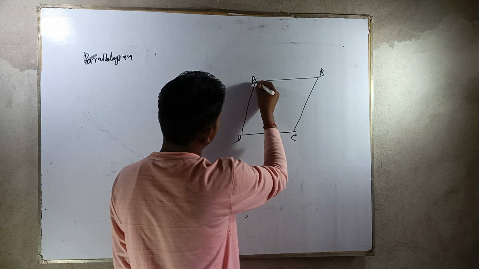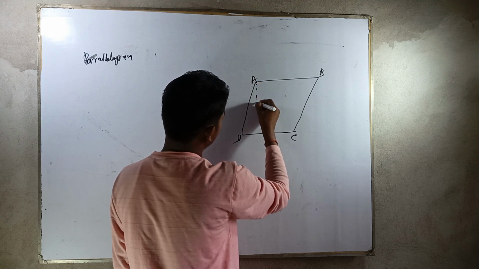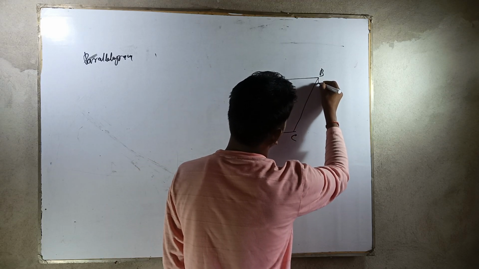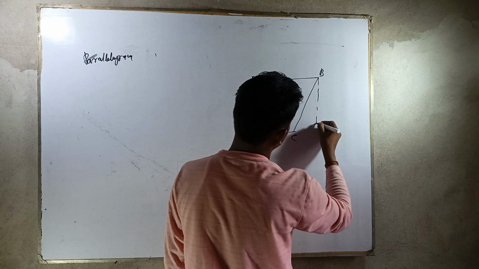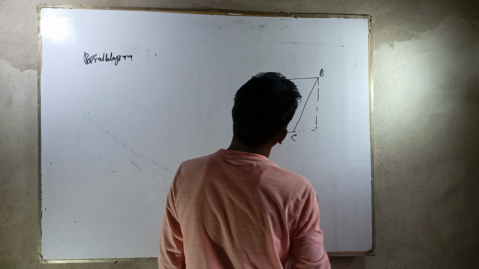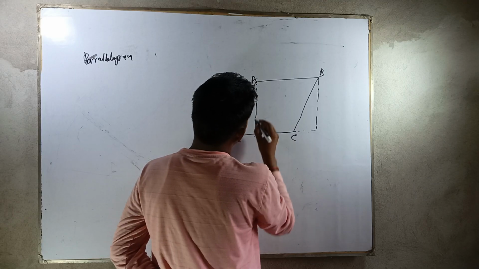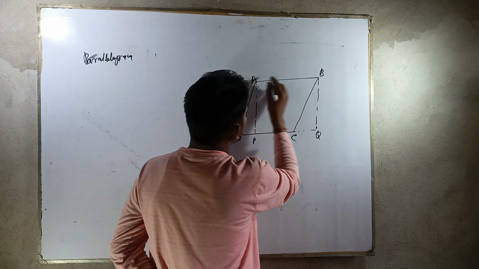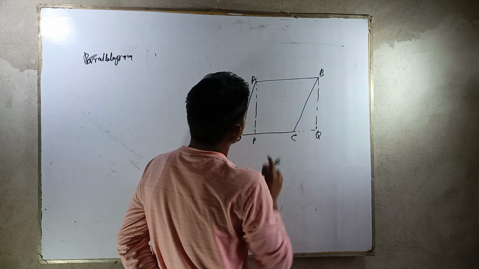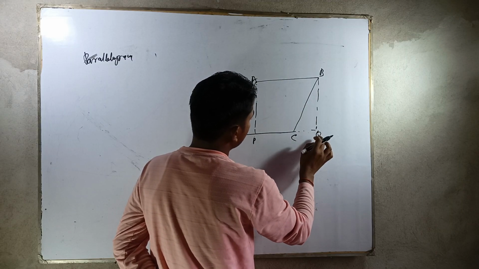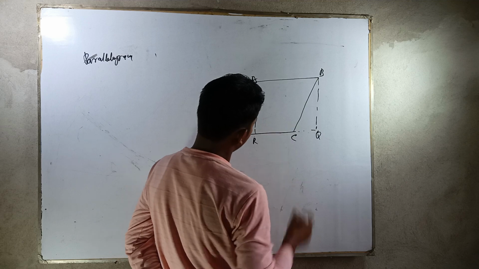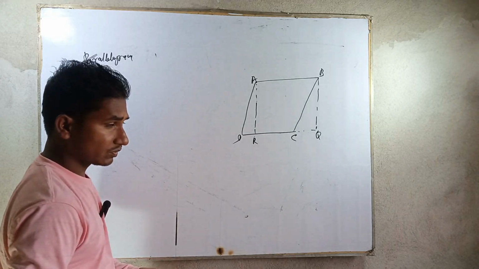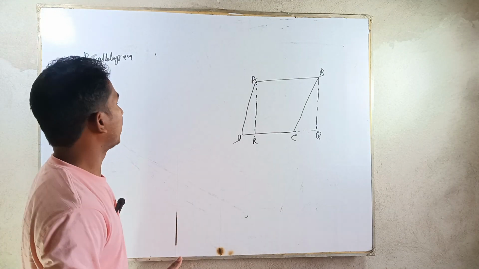Suppose this one is being like this, and it will be like this one, A, P, Q. Suppose P, Q, R is a rectangle. So in a rectangle, how do I find its area?